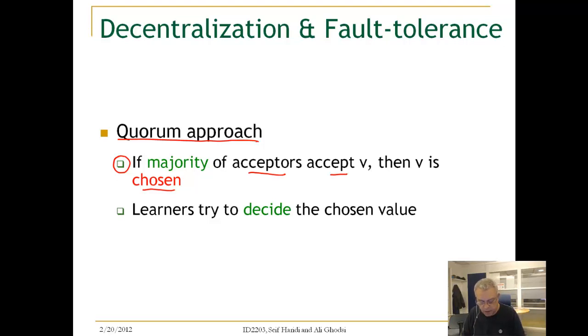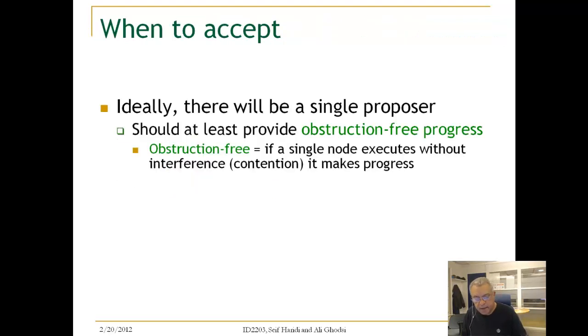Good. So one issue then is when an acceptor accepts a value. Ideally we have a single leader, a single proposer that is elected by the leader election abstraction, and at least our algorithm should provide obstruction-free progress, which, if you remember, means that if a single node executes the algorithm without interference, it will make progress.